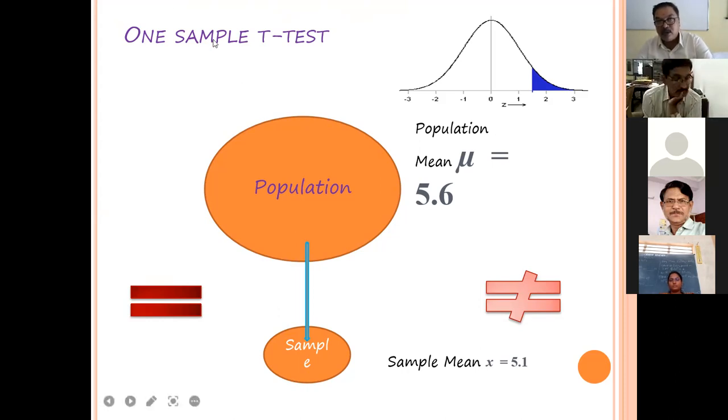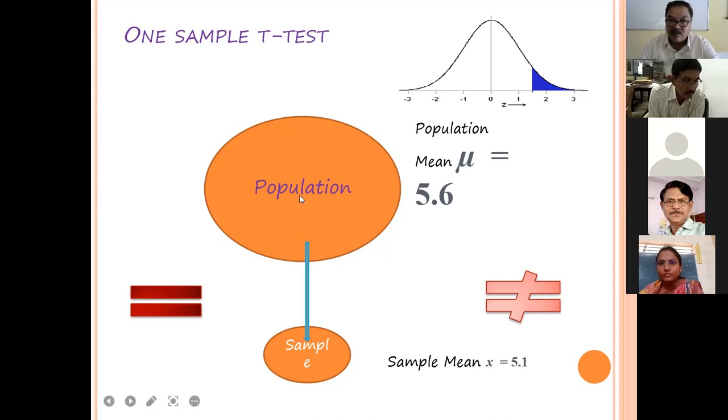Then you have to go with the one sample T test. And this is the T distribution. You are going to make a decision about two things. One is there is no difference between the population and sample in their mean value. Mean means average value. There may be differences, but these differences are not significant because they are only due to random chance.